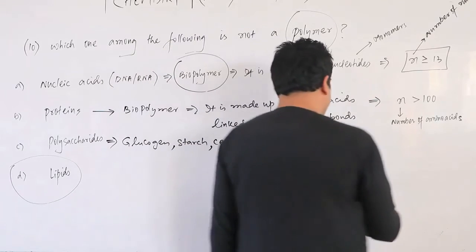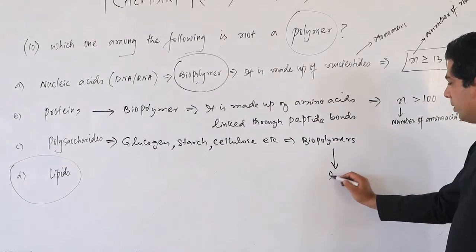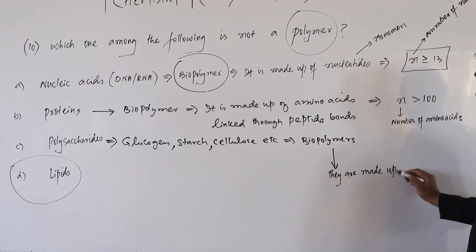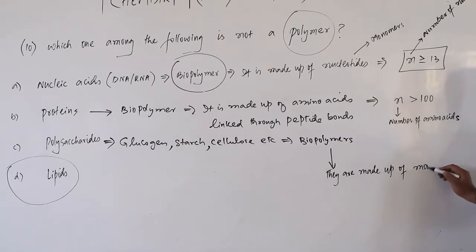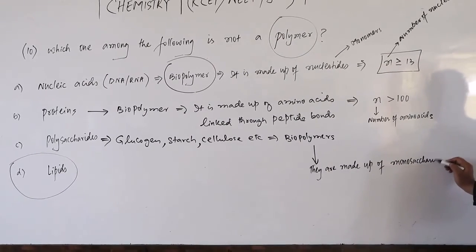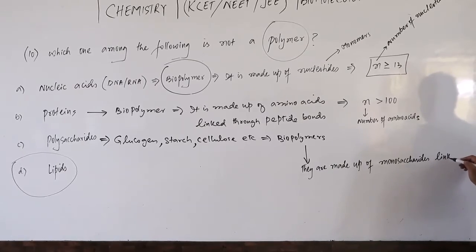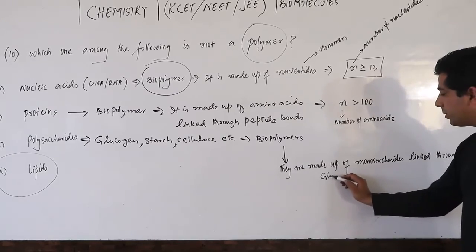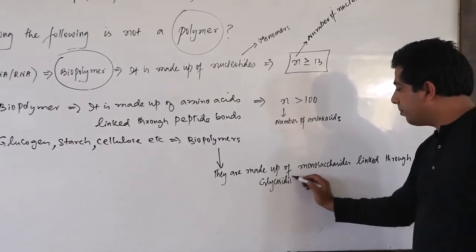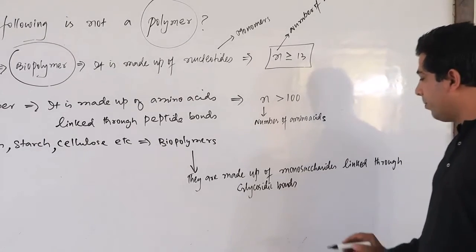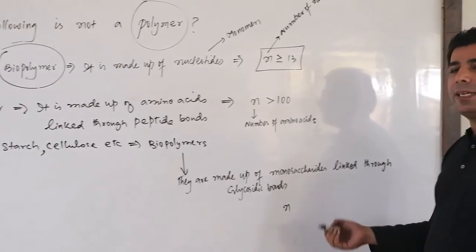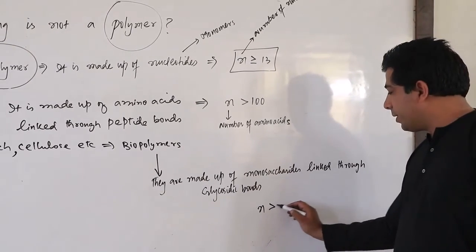What is the N value here? First of all, I will tell you, they are made up of monosaccharides linked through glycosidic bonds, and remember, here the N value, N stands for number of monosaccharides, like sugar units, should be greater than 10.